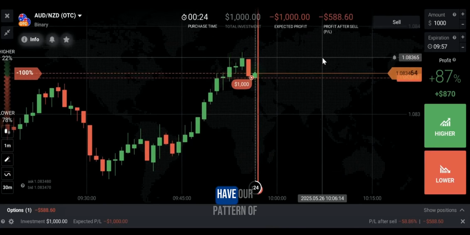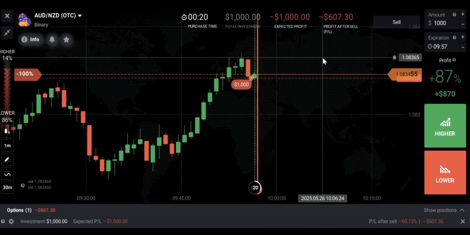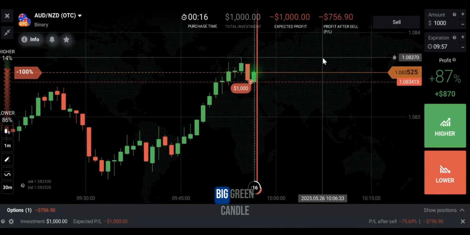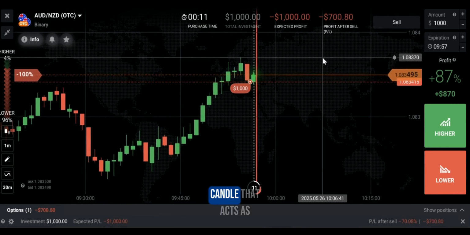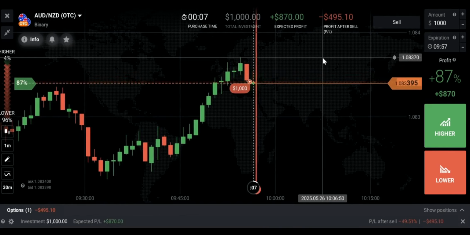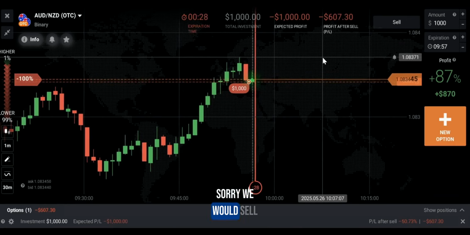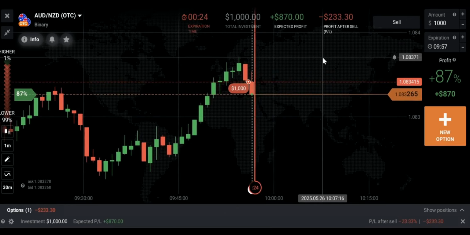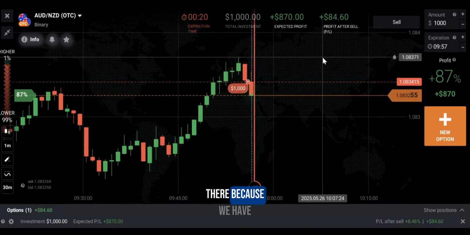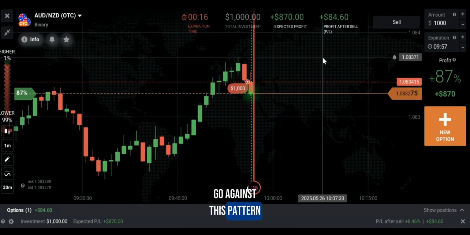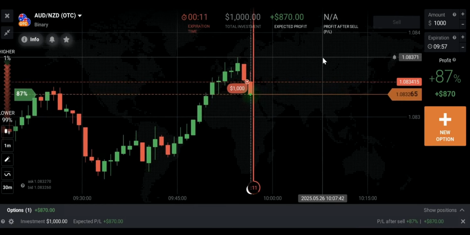Here as well, we have our pattern of big candle, small candle, then another big green candle followed by the red candle that acts as a complement, which is useless to us, and we would buy. Sorry, we would sell. I made a mistake. Basically, we would sell there because this pattern is always against the trend.